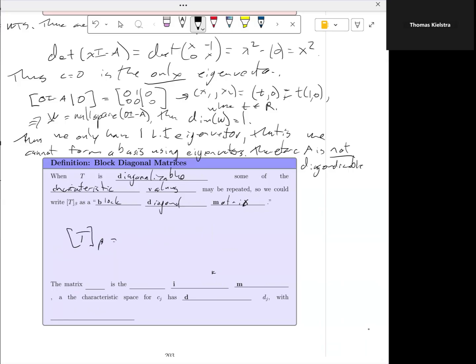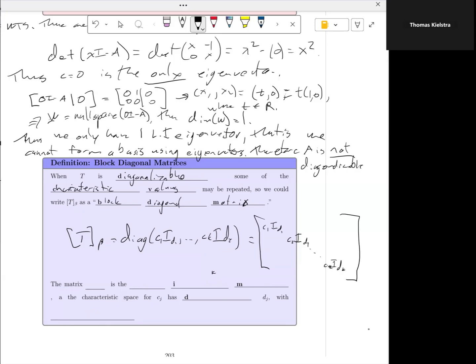T beta equals the diagonal of C1 I D1 through CK I DK, which is the matrix with blocks C1 I D1, C2 I D2, repeated until we get to CK I DK.